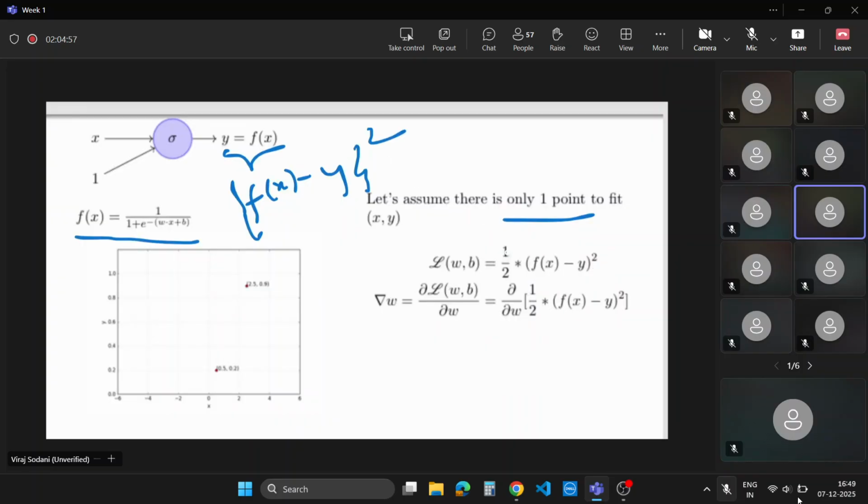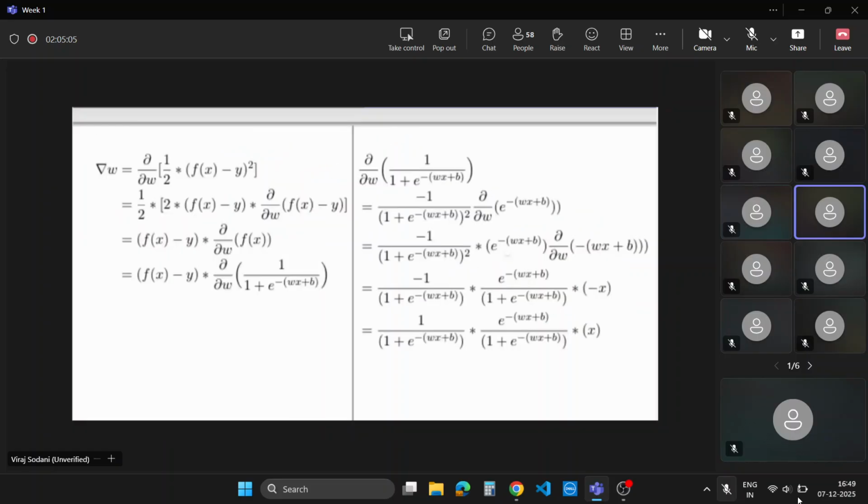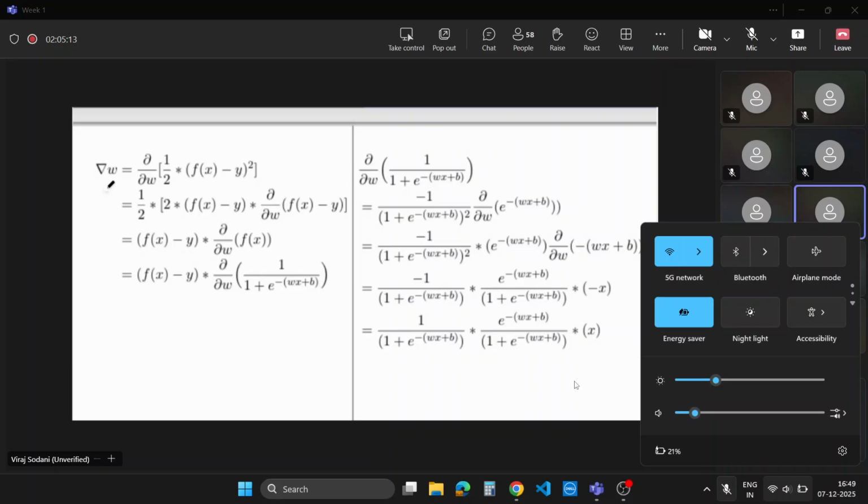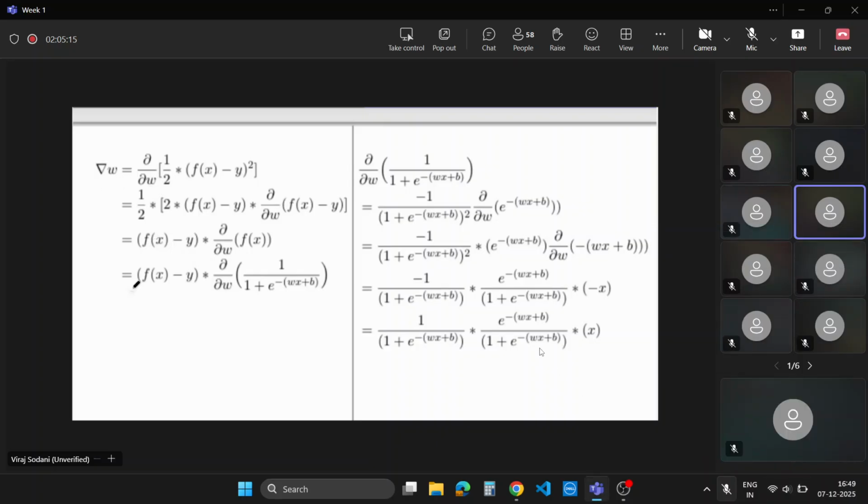So when you calculate del omega, that is the partial derivative of the loss function with respect to omega here, you just further differentiate it with the partial derivative. So accordingly, this is all maths. Just have a quick glance at it.